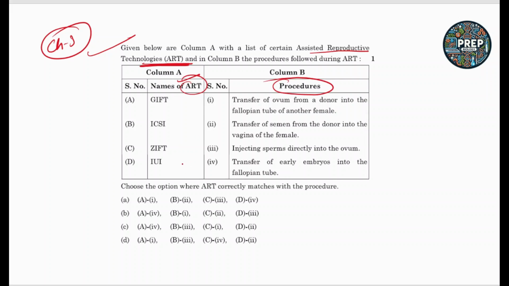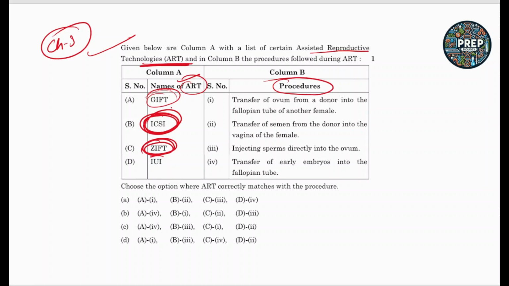So we have GIFT, that is gamete intrafallopian transfer, ICSI, intracytoplasmic sperm injection, and ZIFT is zygote intrafallopian transfer. So these all are ART.